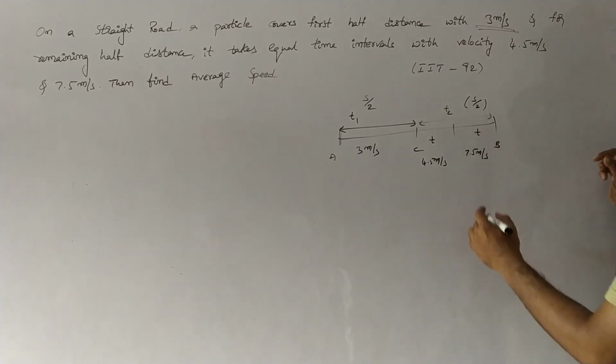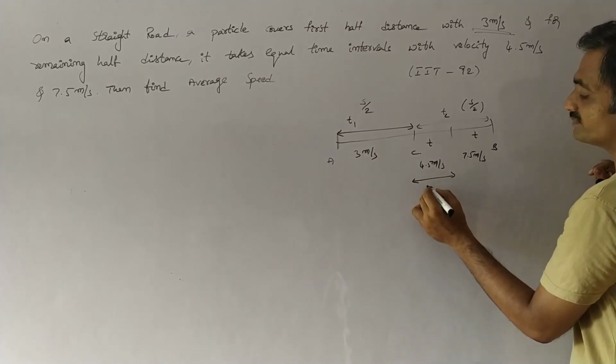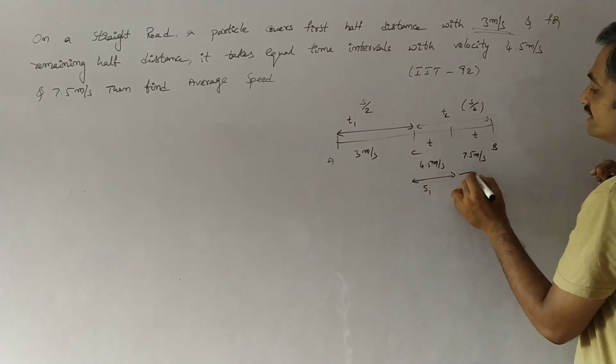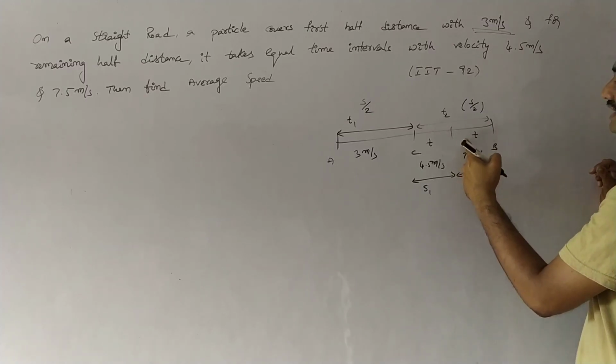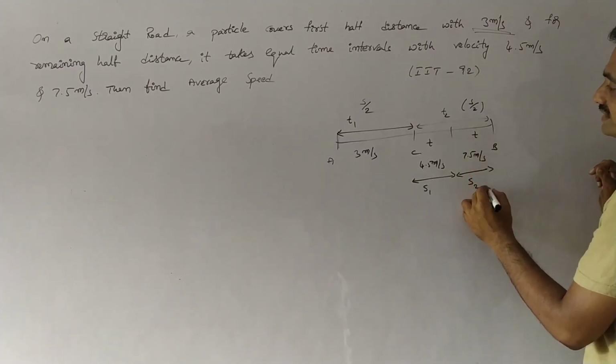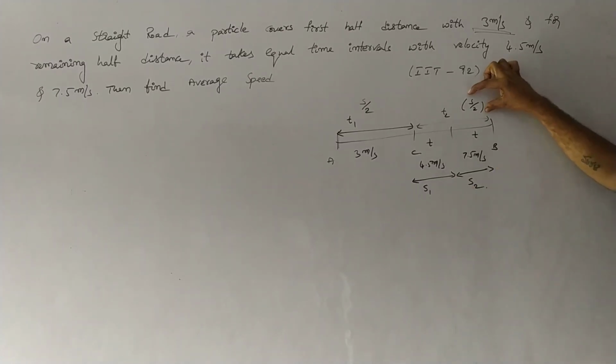The distance traveled in the first interval is s1, and the distance traveled in the second interval of time t is s2. Observe that s1 plus s2 equals S by 2.